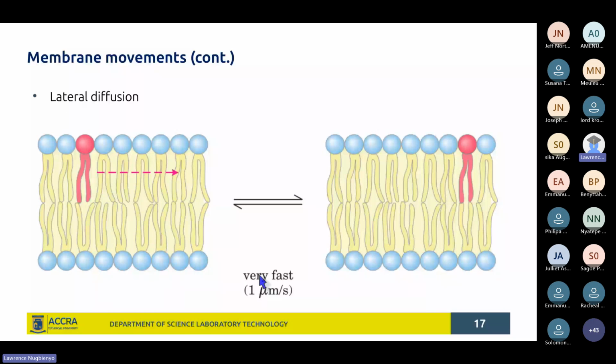The movement can be 1 micrometer per second, not so much of a big distance, but little movements. 1 micrometer is not a big distance per se per second. So you have that lateral diffusion.